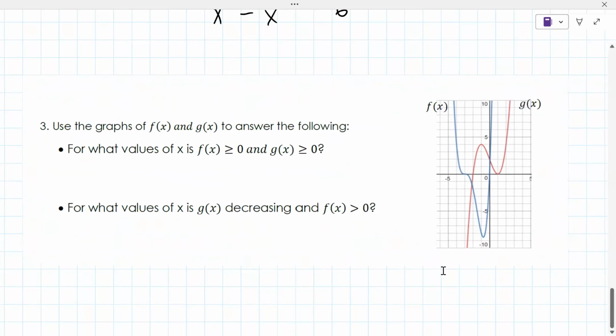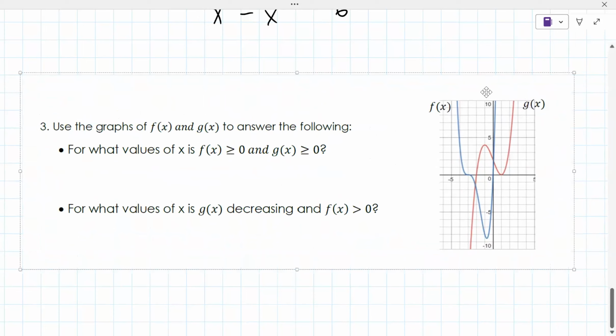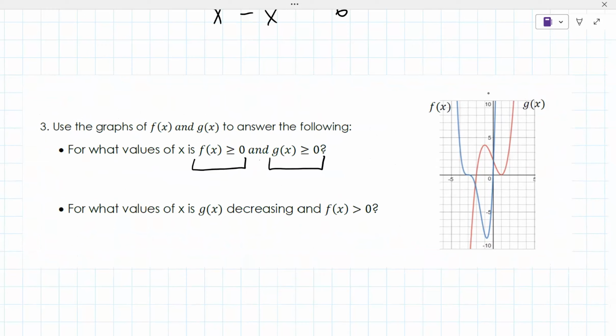We looked at these the other day. The other way to answer these questions is a little bit different from what we did the other day: figure out where is this true, where is this true, and then look for the overlap between them. Where is f of x greater than or equal to 0?